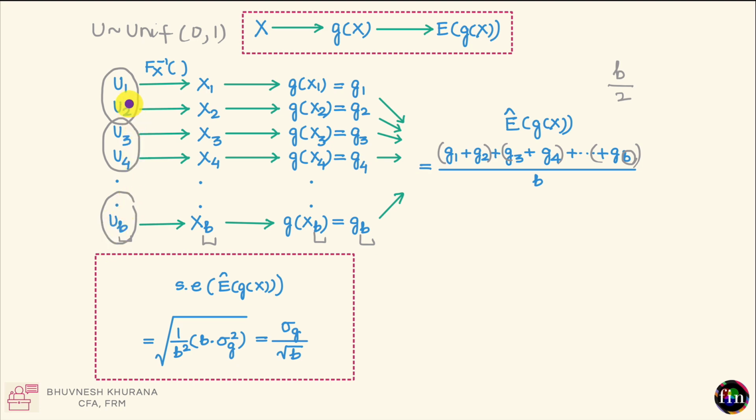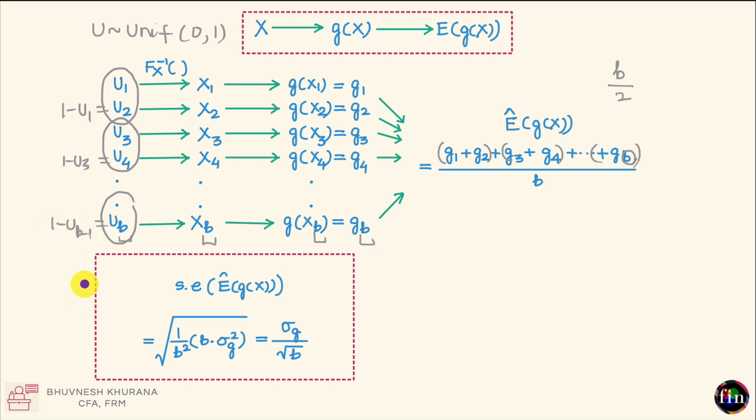Within each pair of values, the second value, instead of being a fresh and independent simulation, let's just set it to be equal to 1 minus the first value in the pair.